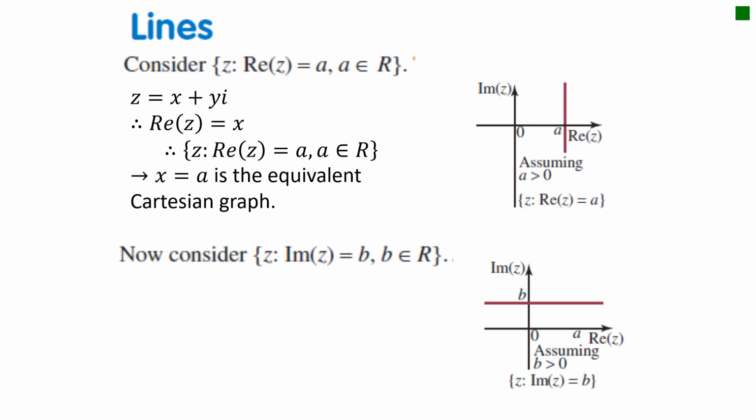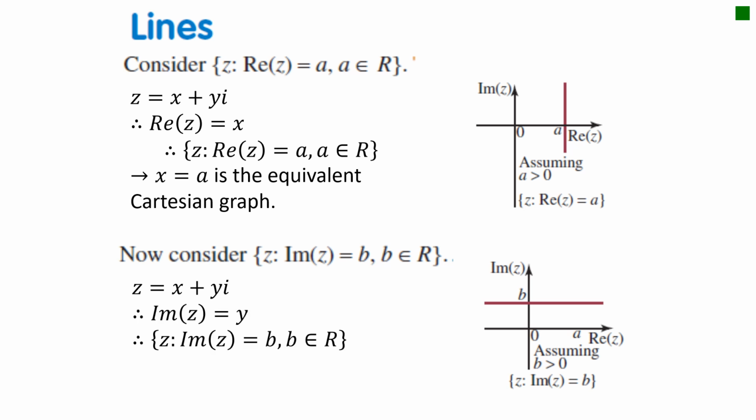Now, in a very analogous way, let's collect the set of complex numbers, each of whom has an imaginary value of b. Applying the Im function to our complex rule, x plus iy, it takes out those multiples of i and gives you the value y.